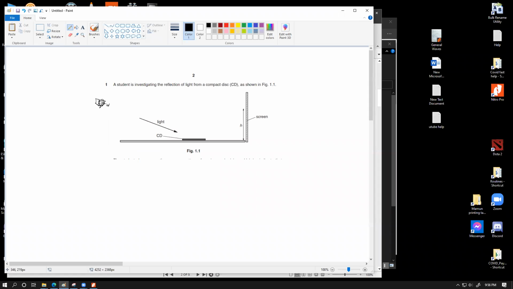I'm going to say that we're going to keep the height of the light source from the table and from the base of the height to the position of the start point of the CD. I'm going to keep these two distances constant for all of my experiments.